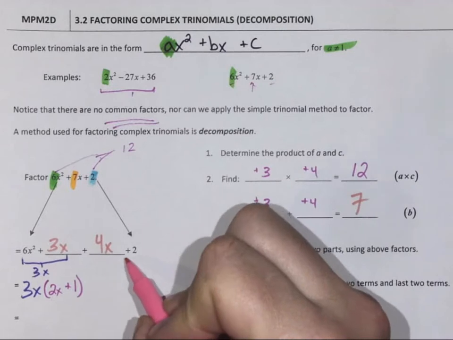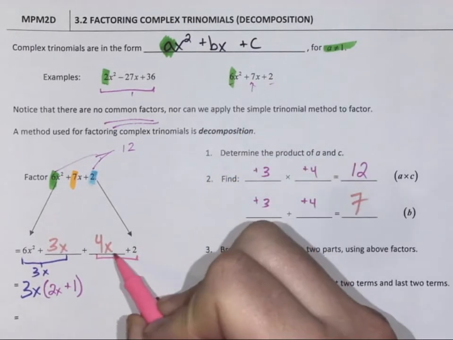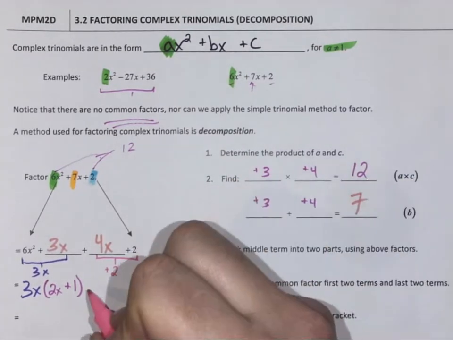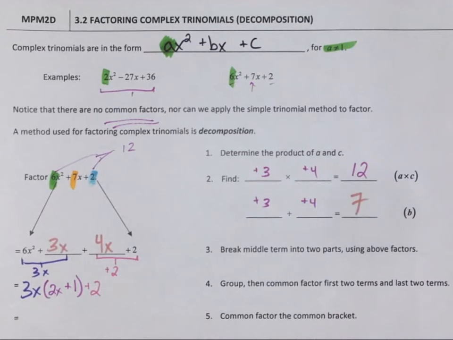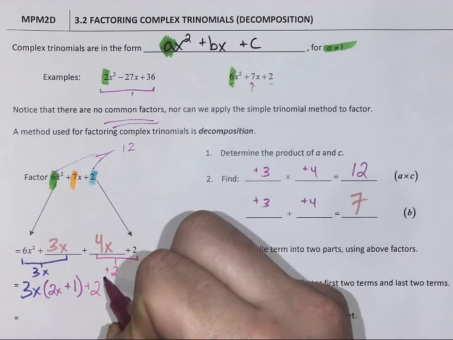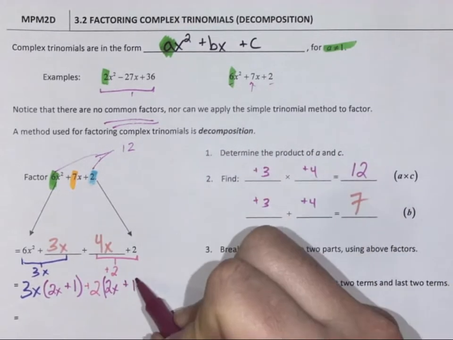For my second pair, I'm going to find a common factor between 4x and 2. That common factor is a positive 2. So that positive 2 goes in front, and what remains is 4x divided by 2, which is 2x, and 2 divided by 2, which is 1.